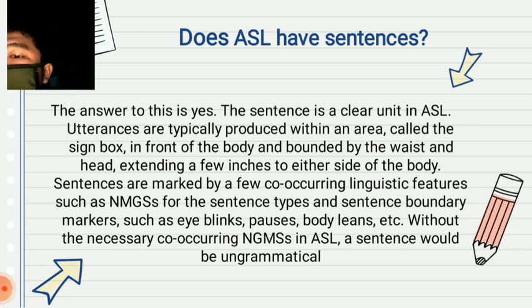Sentences are marked by a few co-occurring linguistic features, such as NMGSs for the sentence types, and sentence boundary markers such as eye blinks, pauses, body leans, and so on. Without the necessary co-occurring NMGSs in ASL, a sentence would be ungrammatical.